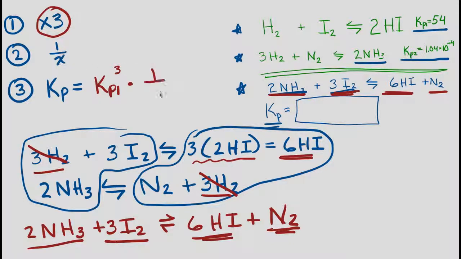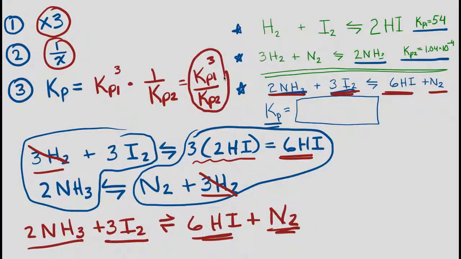So 1 over Kp2, because that's what this is. 1 over x, which is what we do to the Kp. We inverted it, and once you multiply it out, you have Kp1 cubed over Kp2, and this is your answer. Now if you need it numerically, just plug it in.